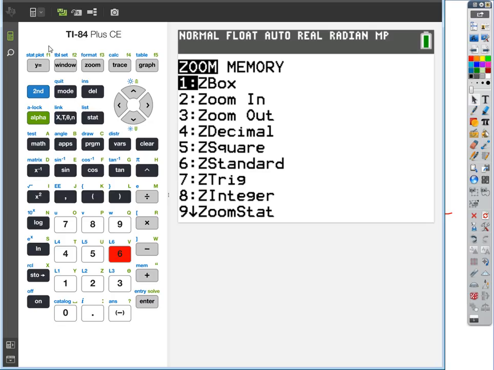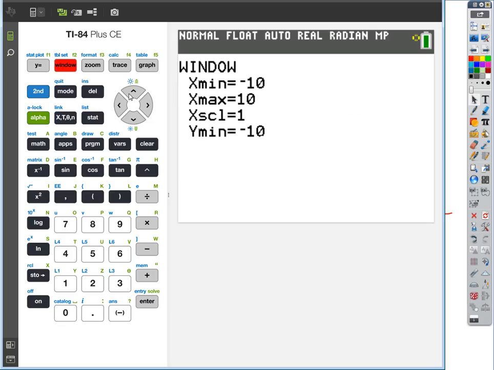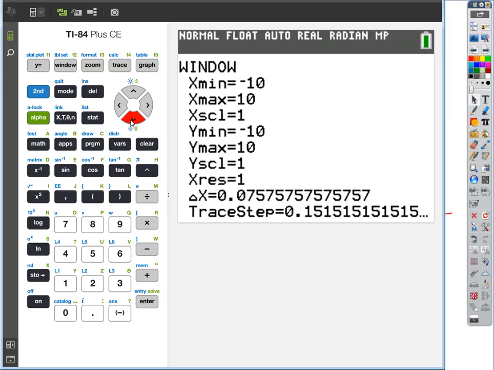Does that make sense? Let me make this a little bigger. I didn't say that very well, but somebody else say that better than I did. What's the purpose of the horizontal line? To demonstrate that we just stretched the function horizontally by a factor of 2. Why did I do that?